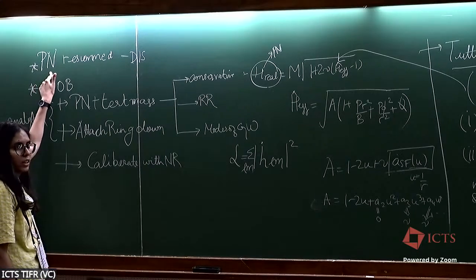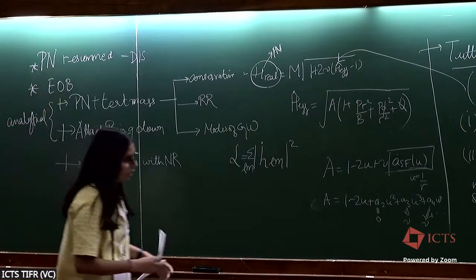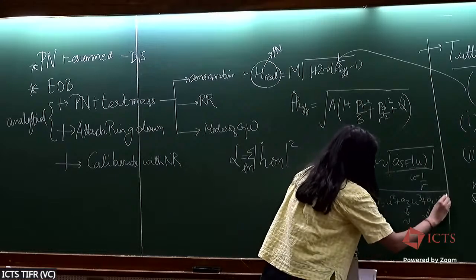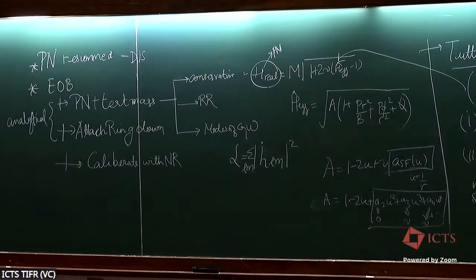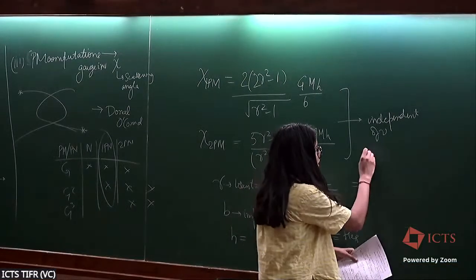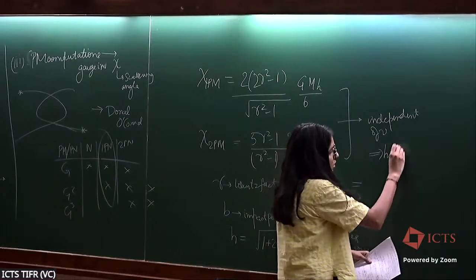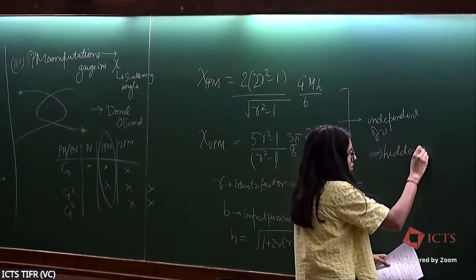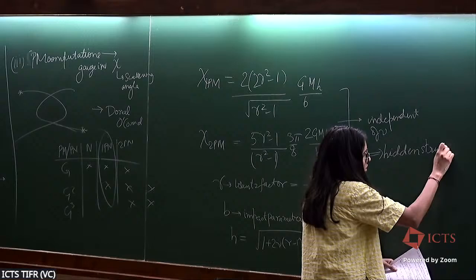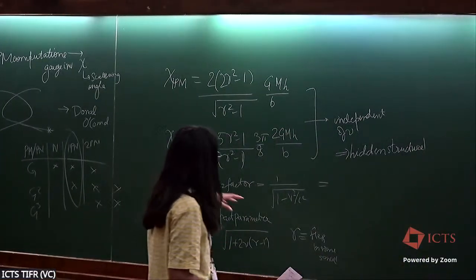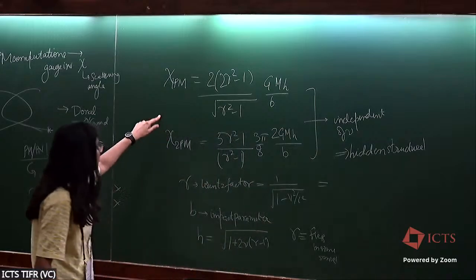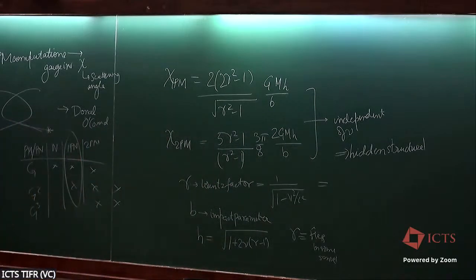They depend on nu square, nu cube. So the fact that this is 0, this is linear in nu, and these two things are independent of nu suggests that there is some hidden structure, which we will discuss shortly. But let's see how we can use this chi 1 PM, chi 2 PM information to obtain something here in the A potential.